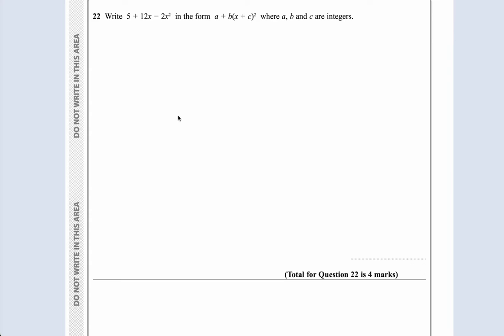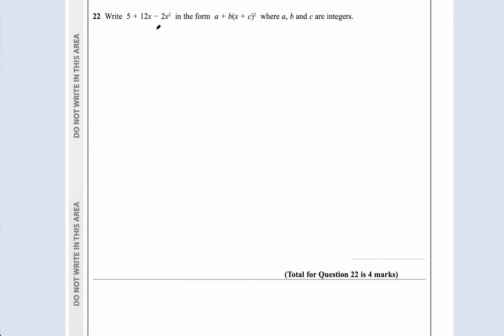Question 22. Okay, I'm going to show you the kind of correct way to do this first, guys, and then I'm going to show you the hack on the calculator, because these questions are always really challenging. Students don't like them. These are completing the square. Yeah, it's a difficult question.